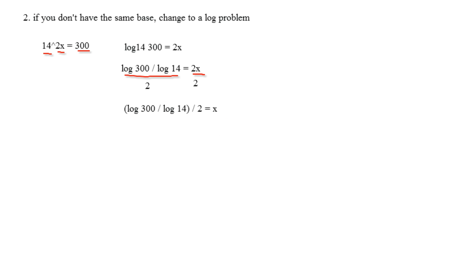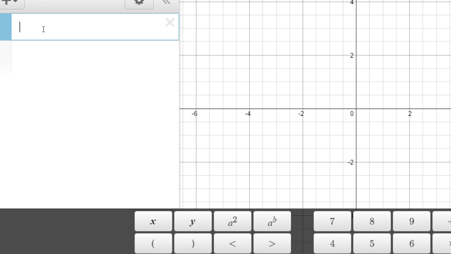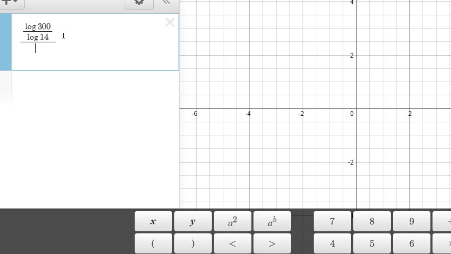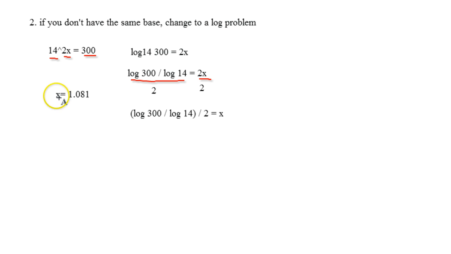So you do log of 300, divide by log of 14, and then divide this whole thing by 2, and you're going to get 1.081. Let's leave it at that. That will be your answer right there, or you could just leave it as this. They're both equivalent. That's the really cool thing about it.